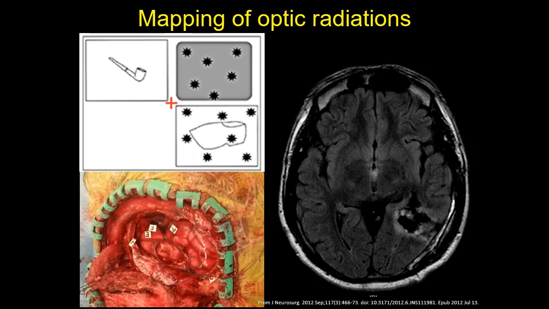In this particular case, we are willing to accept a superior quadrantanopsia given the location of the tumor, but the goal of mapping is to avoid damage to the inferior quadrant of the right hemifield.